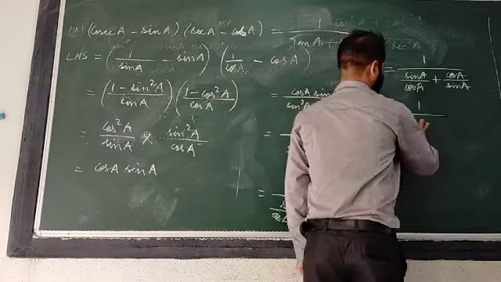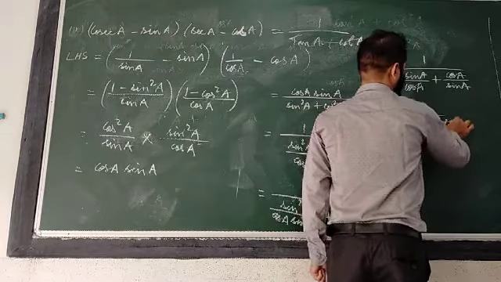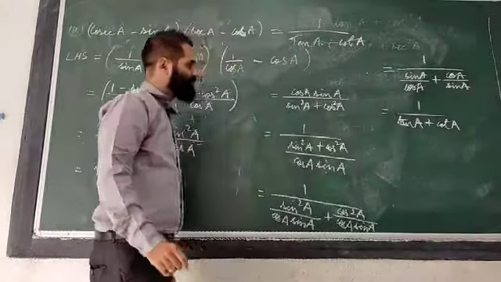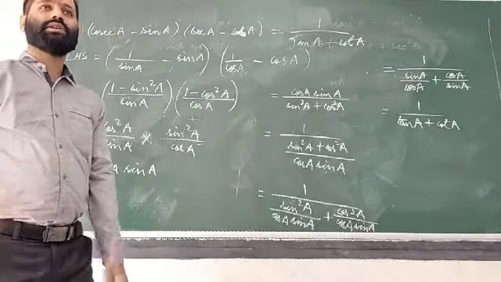So this is tan A plus cos by sin, which is cot A. That's all. It's up to you. This is critical thinking.